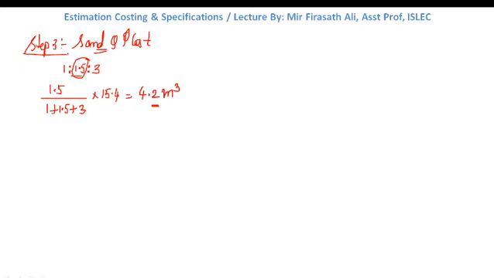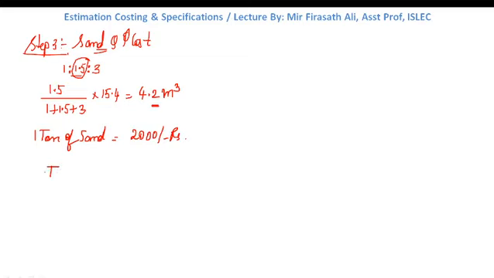Generally, we measure the rate of sand in tons. 1 ton of sand is equivalent to around 2000 rupees as per current rate.